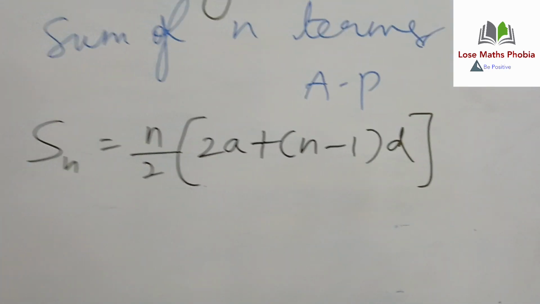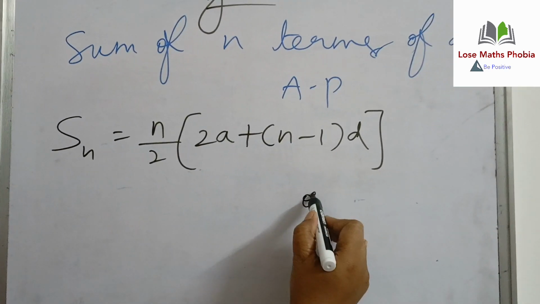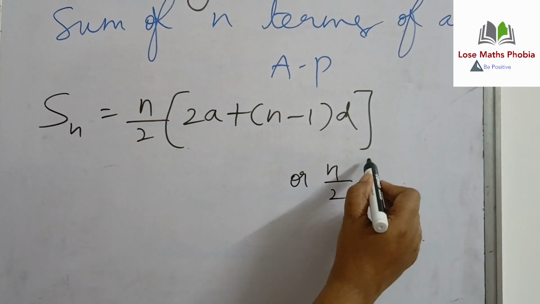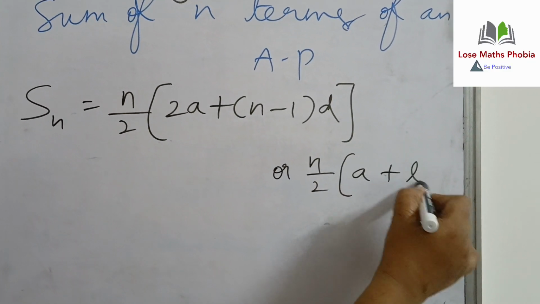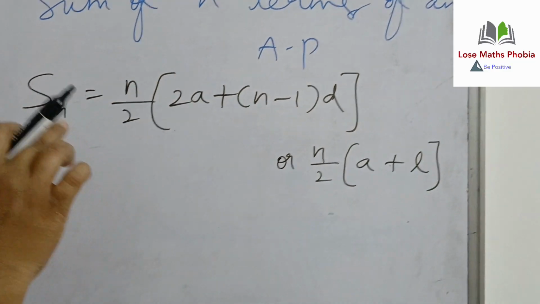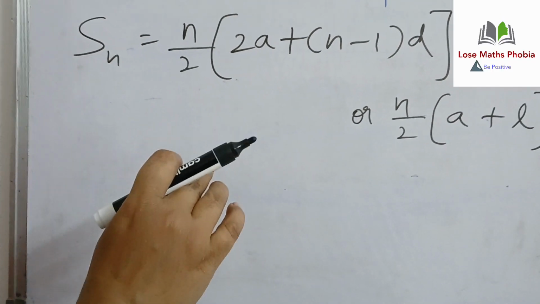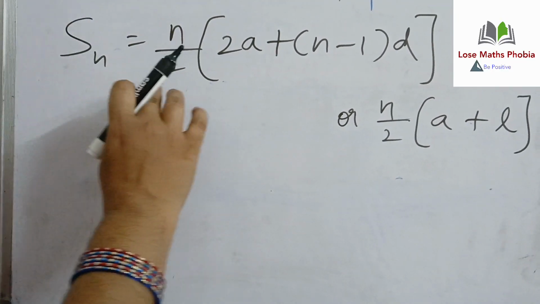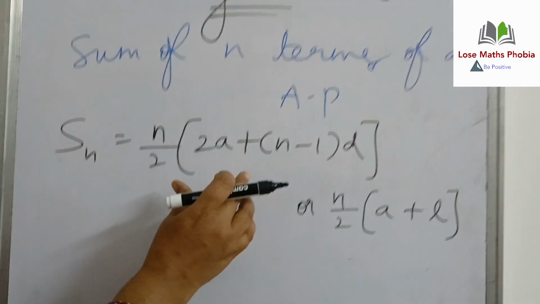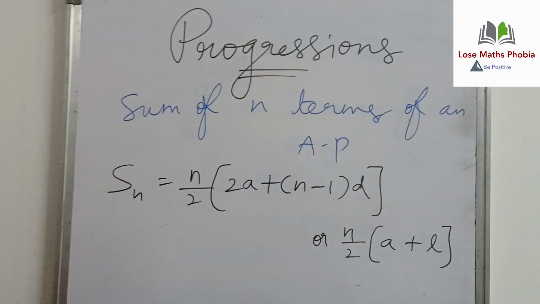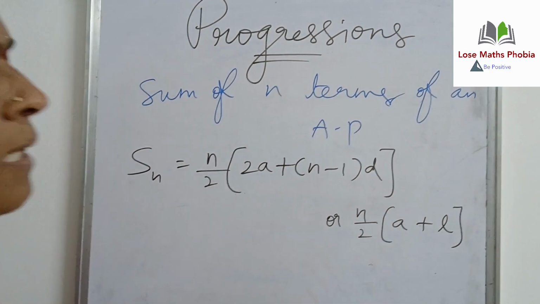This is one formula. And one more formula we have, that is n by 2 of a plus l. When in examination they ask this formula, you can write either of them. If you write this also, they will give full marks.